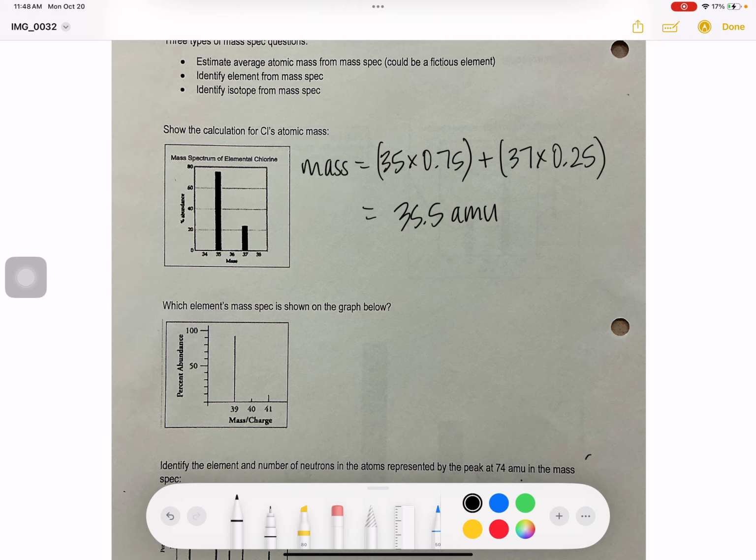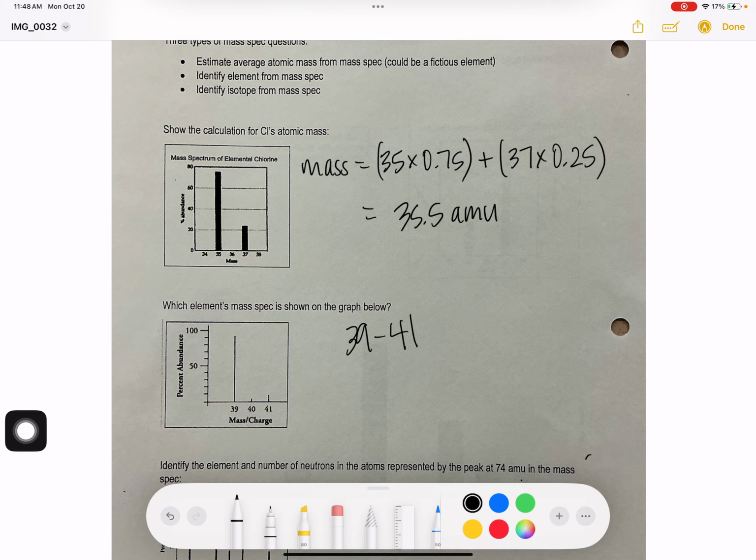The second type we could see is: which element's mass spec is shown on the graph below? Sometimes a calculation is required and sometimes it's not. In this case, I would say we can probably just estimate this. I know the average atomic mass is going to be somewhere between 39 and 41.